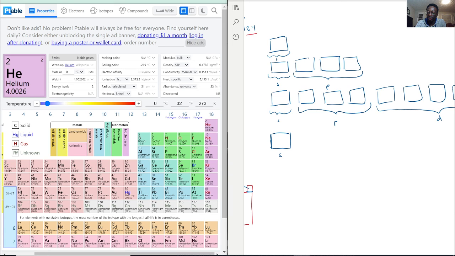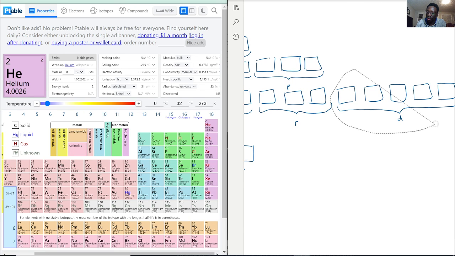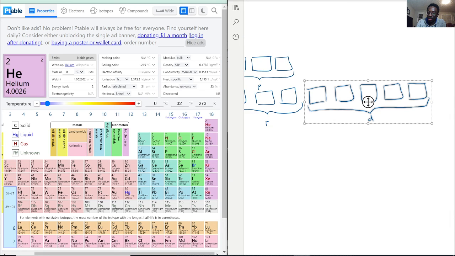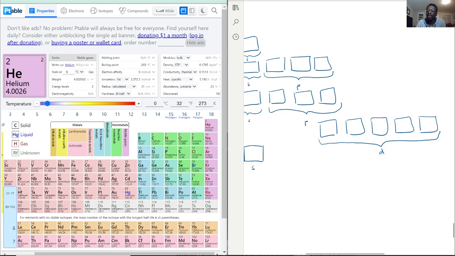Move this a little bit lower. And the D orbitals. Nope, that's not enough. Okay. It's going to be like right here. And I'll show you why soon. It's too low. Okay. Around here. There we go.